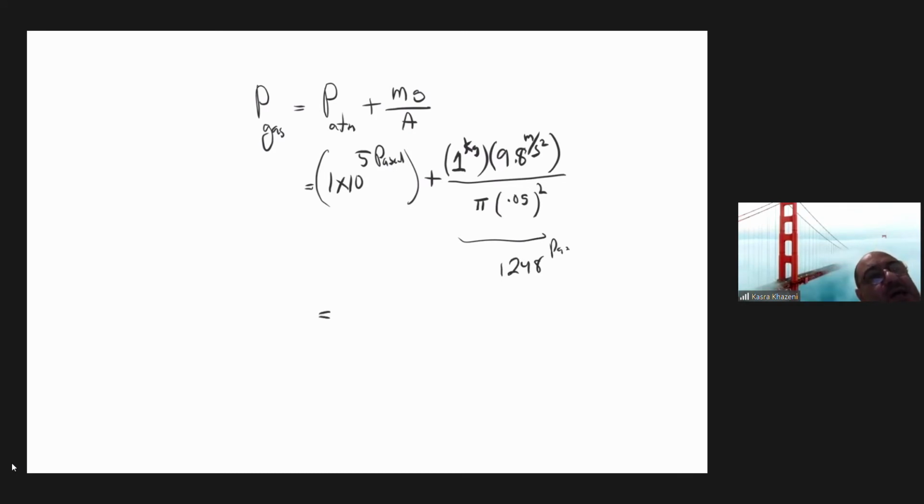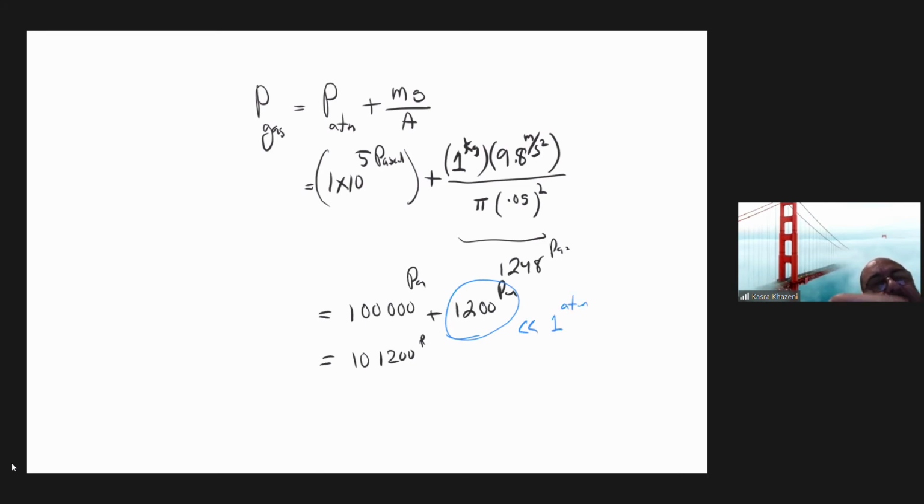Okay, so now I have what? I have 100,000 Pascal plus, let's say, 1,200 Pascal. All right, so the final answer is what? 101,200. So you can see how close this is to atmospheric pressure, because the second number here is much, much smaller than 1 atmosphere.